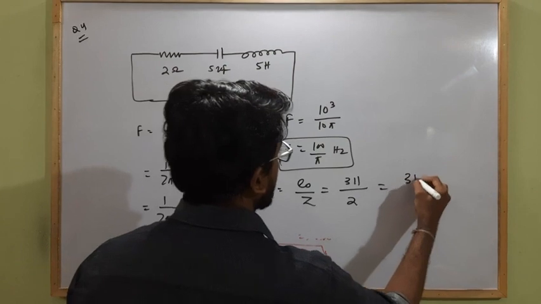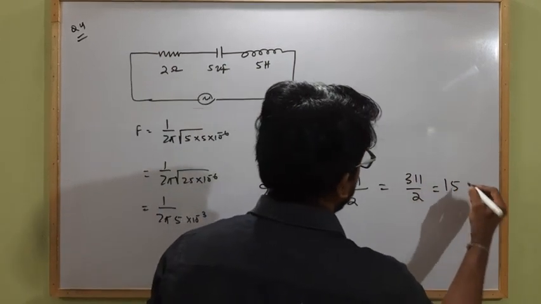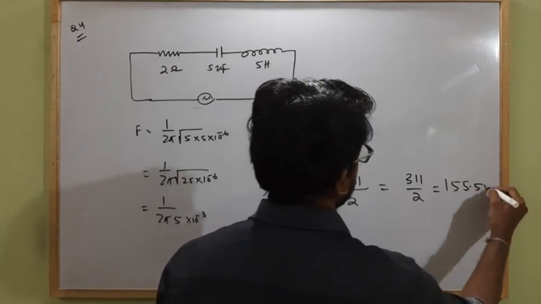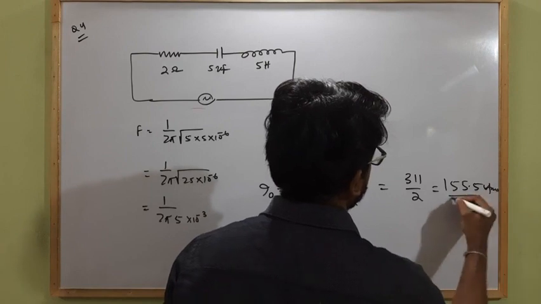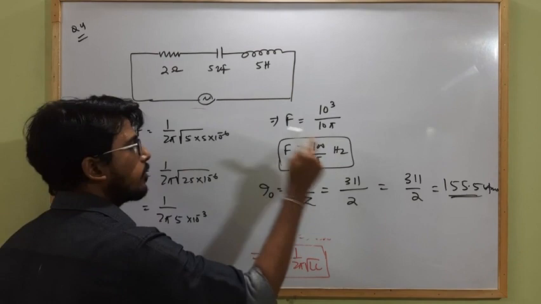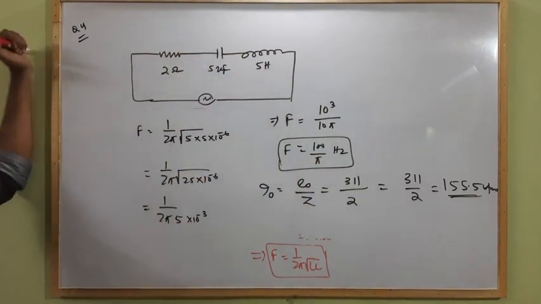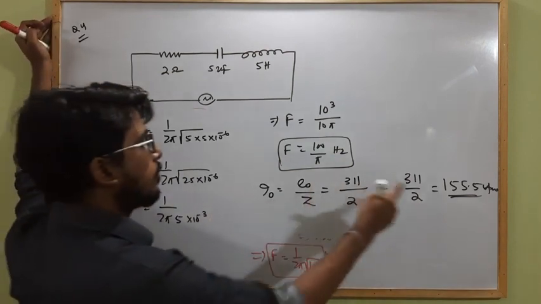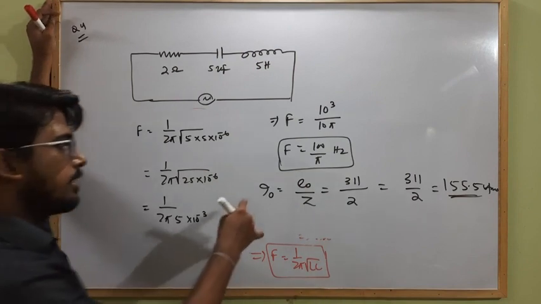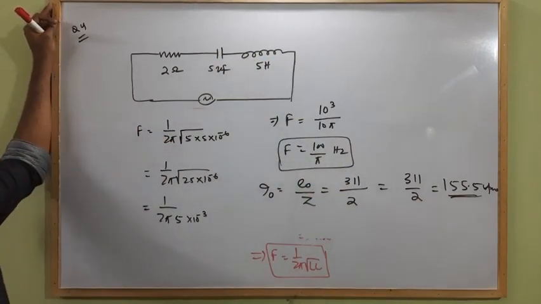So this will be 311 by 2, which is equal to 155.5 ampere. Clear? So this is the maximum value of the current at the frequency when the power factor of this LCR circuit will be unity.